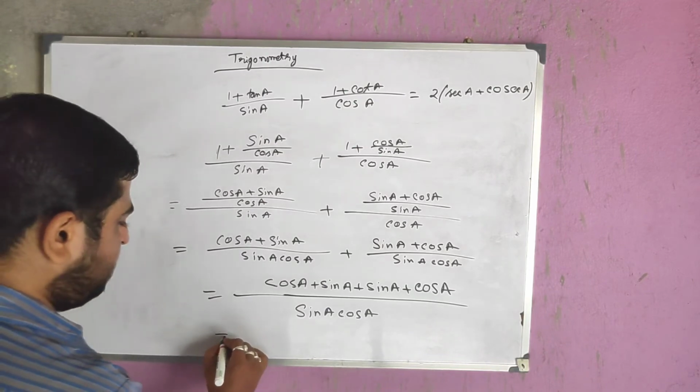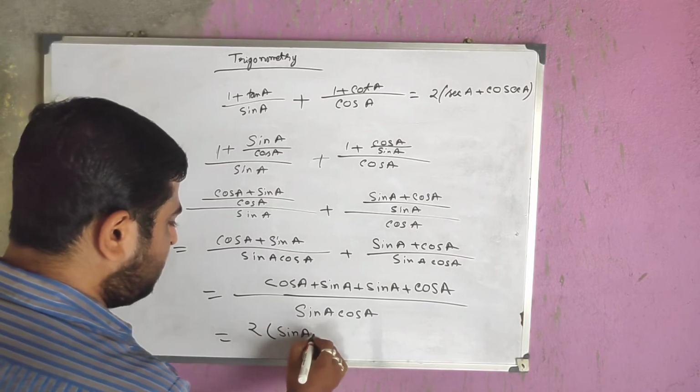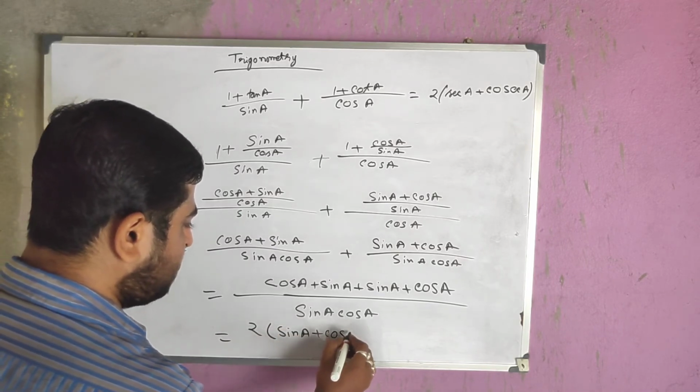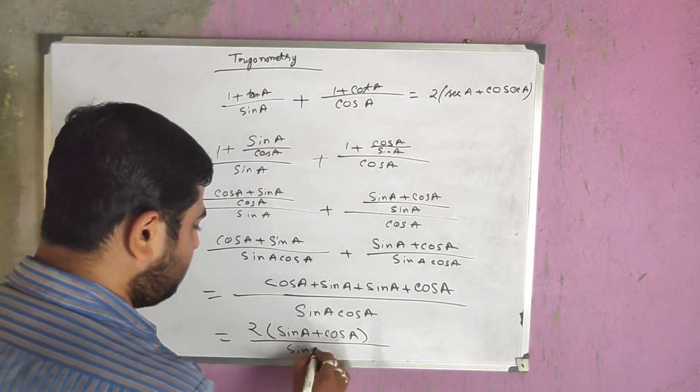So in the numerator it will become 2 (sin A plus cos A) by sin A cos A.